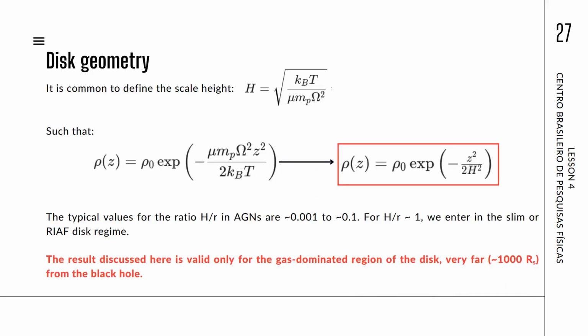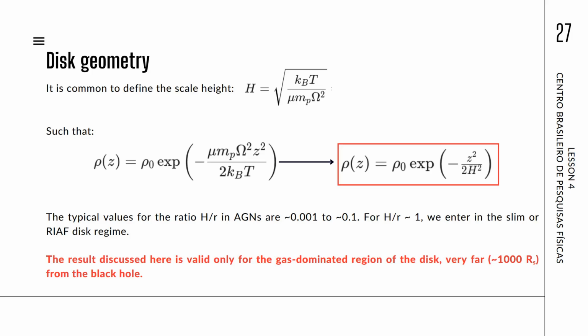And it's common to define this quantity here as the scale height. So this exponential that we found in the previous slide will become this, okay? Just substituting that. So this is the scale height of the disk, which means that after that, the density of gas already dropped by a factor of 1/e.